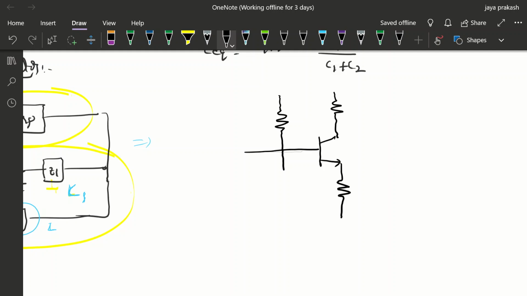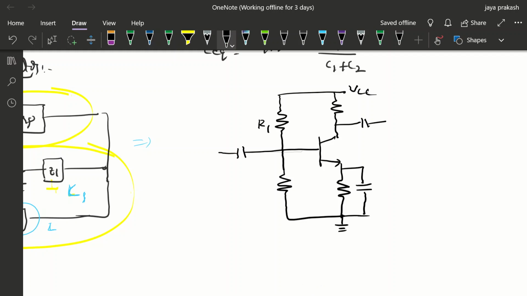We already know a CE amplifier provides 180 degrees of phase shift. These are the coupling capacitance, the emitter bypass capacitance, and the input capacitance, with R1, R2, RE, CE, RC, and CC, and you can write it as CB.